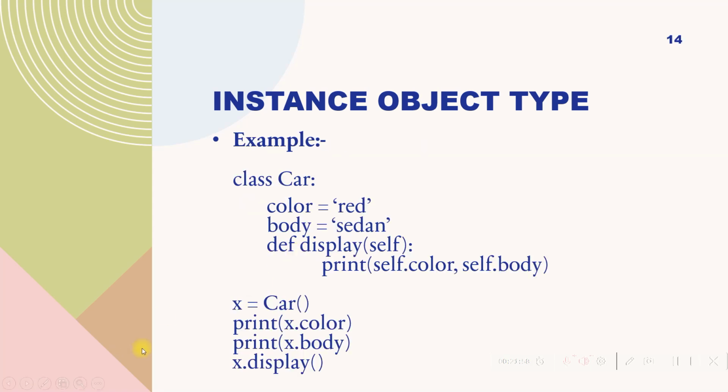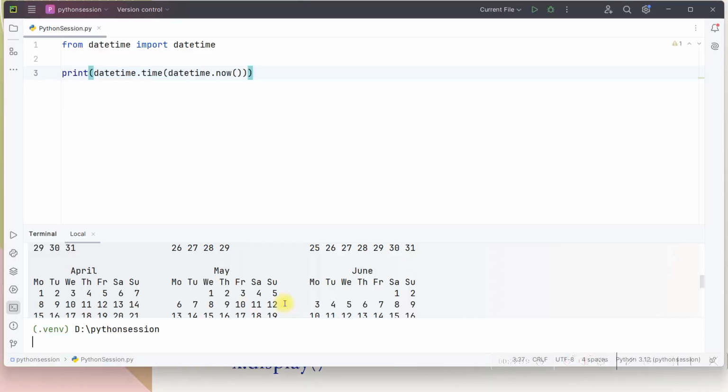So this is the example. If you remember, in the classes object type we saw this class, and now the only difference is that we are creating an object of this class, and then we are calling all the attributes as well as the method of the class. Now let's try this in PyCharm.